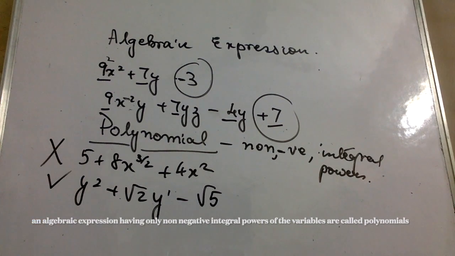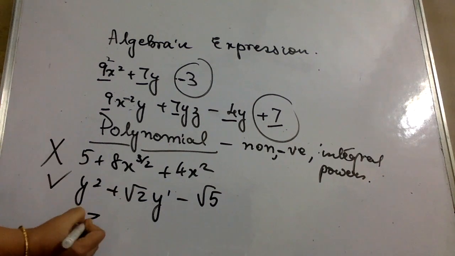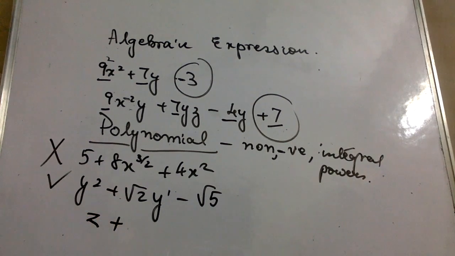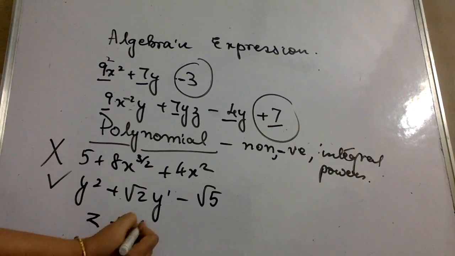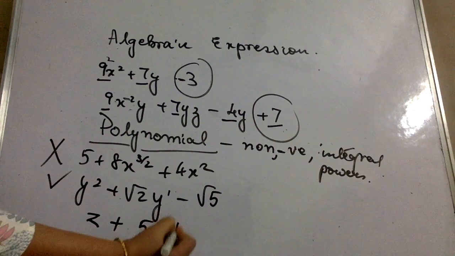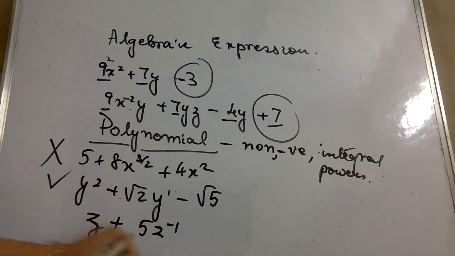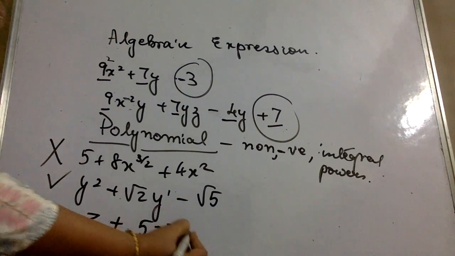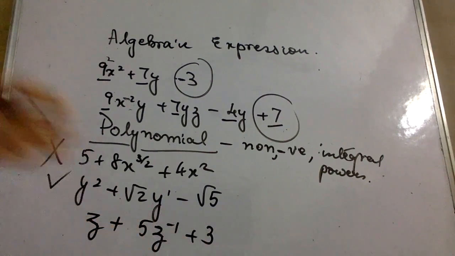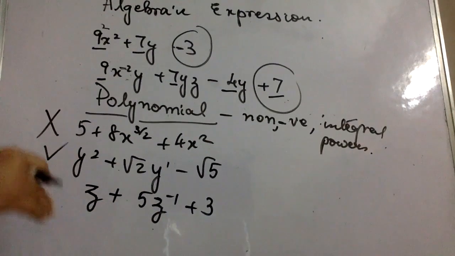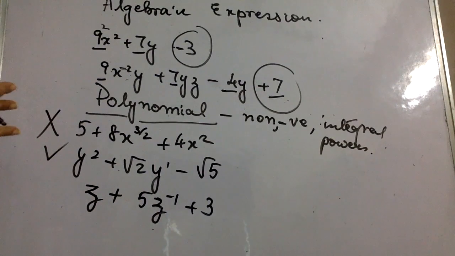Okay. Then let's go for another one, let's take it like this: z plus 5 z to the power minus 1. Let me write it like this, z to the power minus 1 plus 3. Now, is this a polynomial or only an algebraic expression?